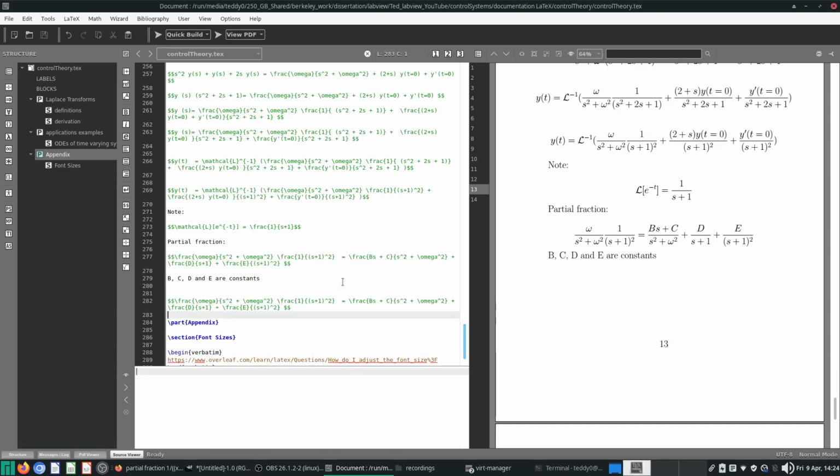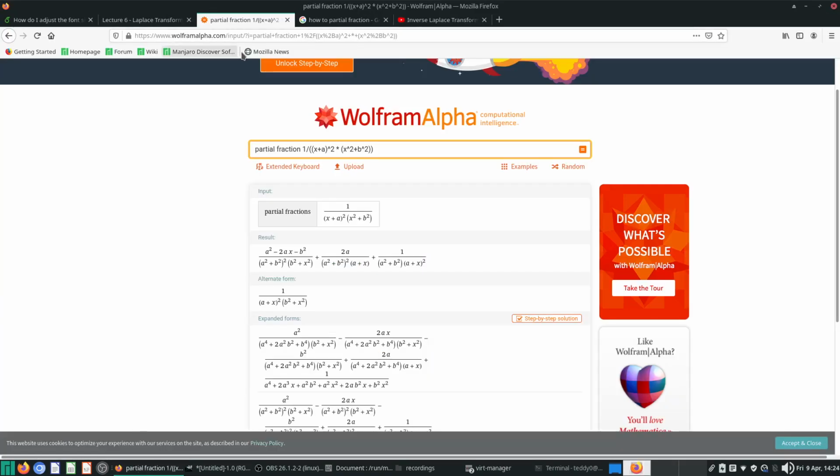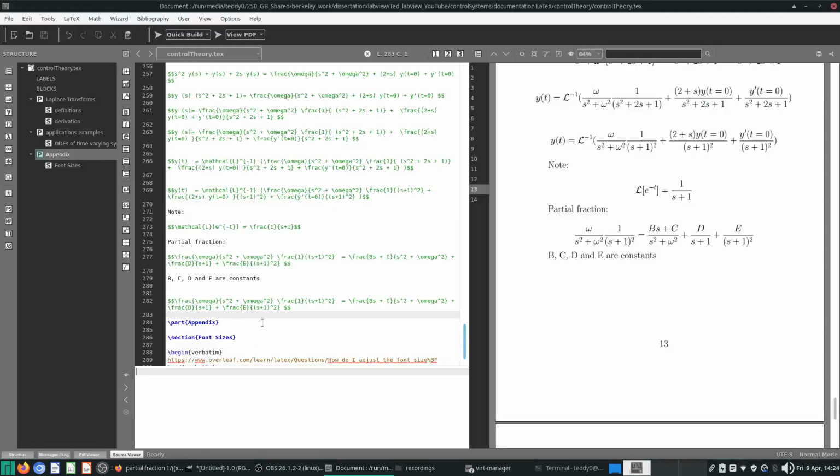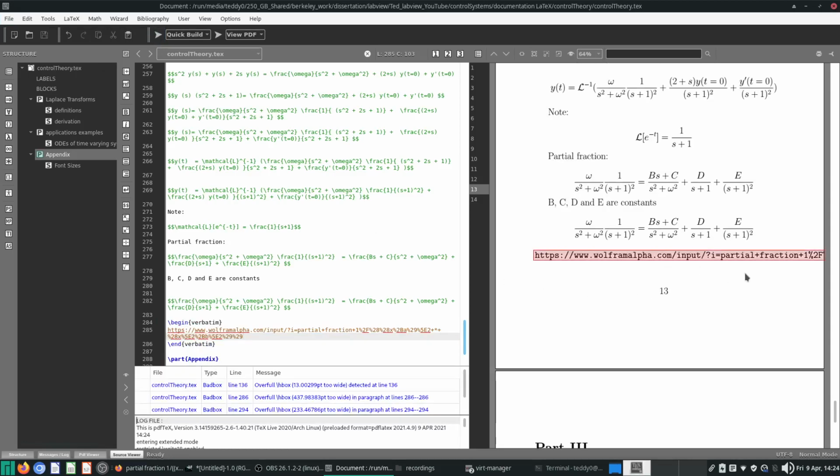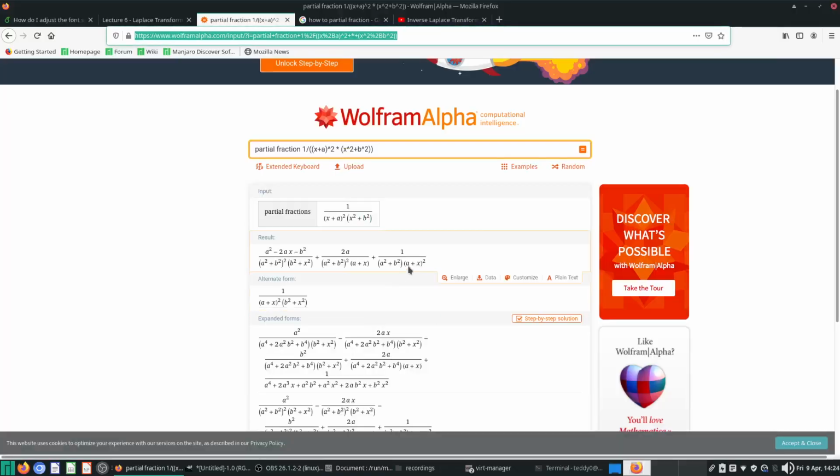So I'm just going to take Wolfram, and I'll leave it here. It's a little messy, but this is what it looks like. We have 2a over a squared plus b squared.